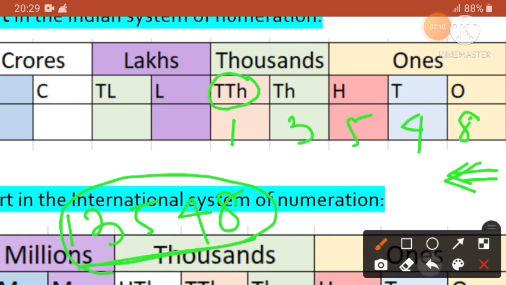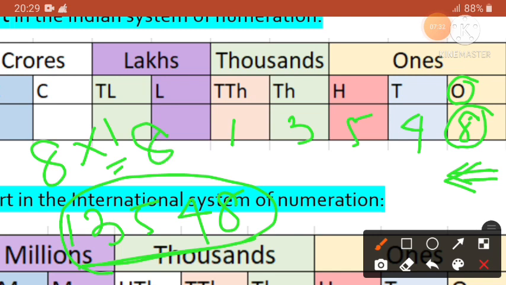Accordingly, we can find the place value of all the digits here. If we want to find the place value of this digit 8, the face value of 8 is 8 and it will be multiplied with 1, because the place of the digit is 1, so 8 into 1 is equal to 8.